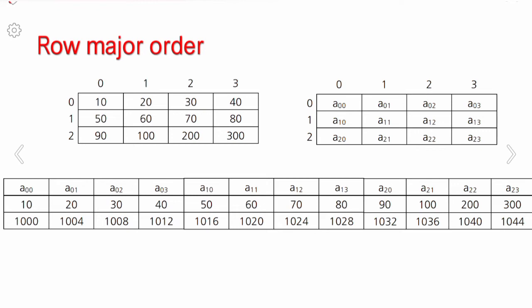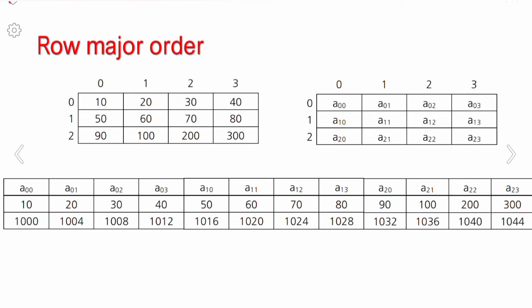But in the actual format, how the data is stored in memory, it will be stored in this format in the case of row major order. That means we are considering the values row wise: A00, A01, 02, 03, then the next row 10, 11, 12, 13, and then A20, 21, 22, 23.